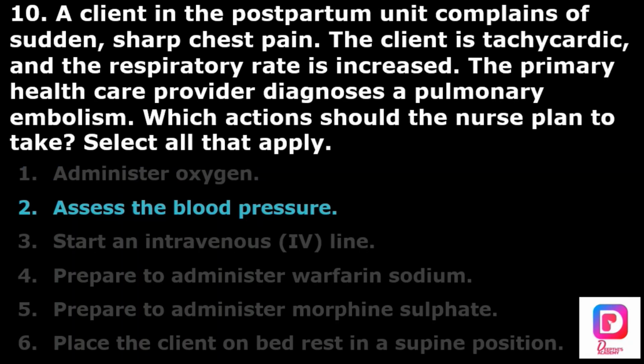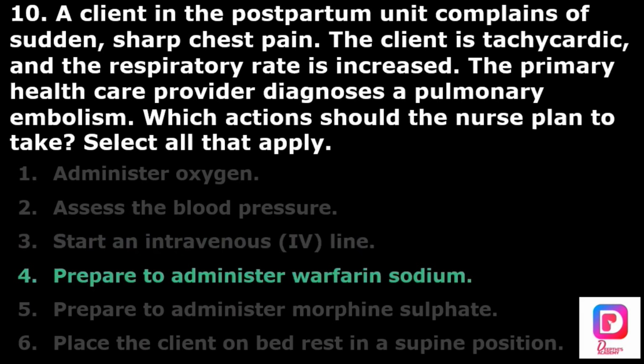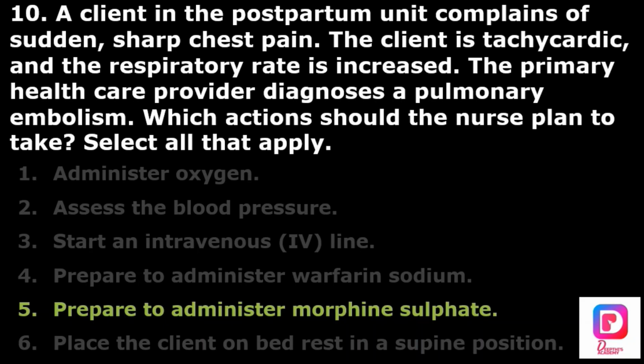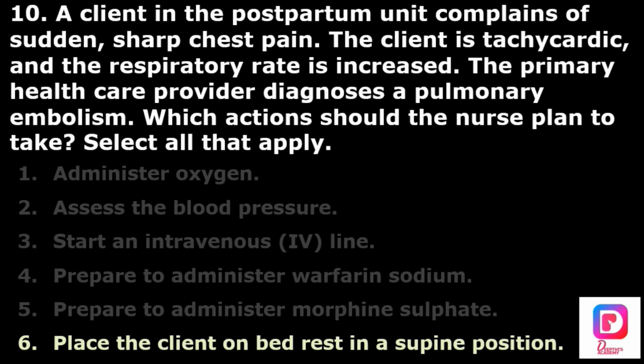Second option, assess the blood pressure. Third option, start an intravenous line. Fourth one, prepare to administer warfarin sodium. Fifth option, prepare to administer morphine sulfate. And the last option is place the client on bed rest in a supine position.